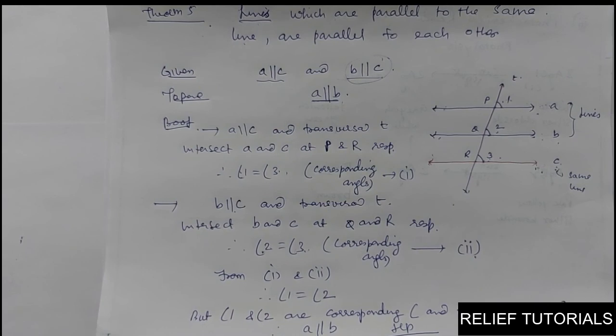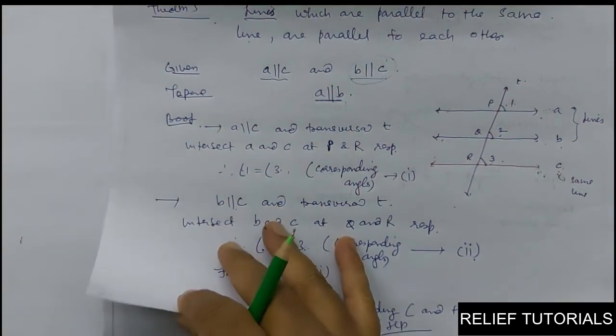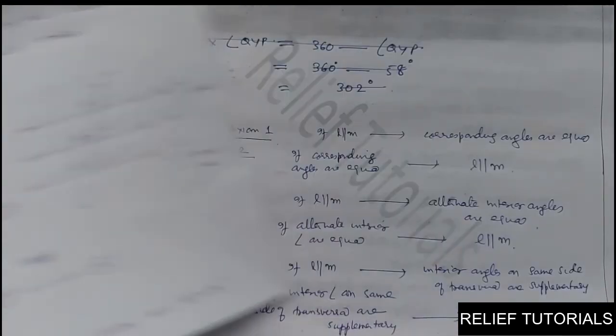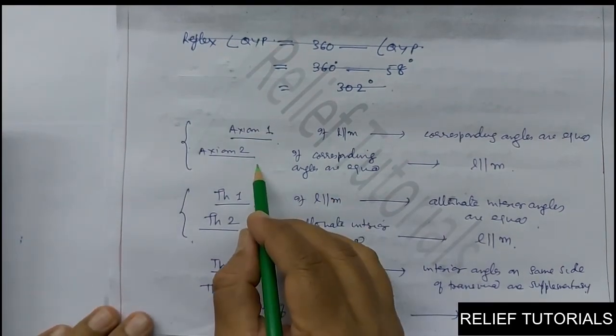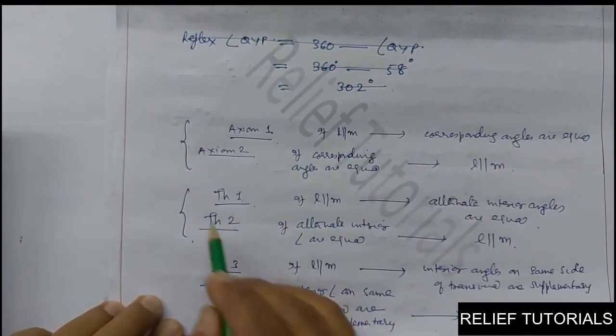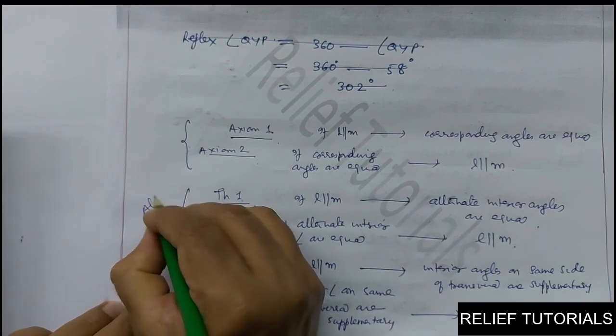So altogether we have learned 2 axioms and 5 theorems today. Axiom 1, axiom 2: these are the 2 axioms related to corresponding angles. Theorem 1, theorem 2: these are the 2 theorems related to alternate angles.